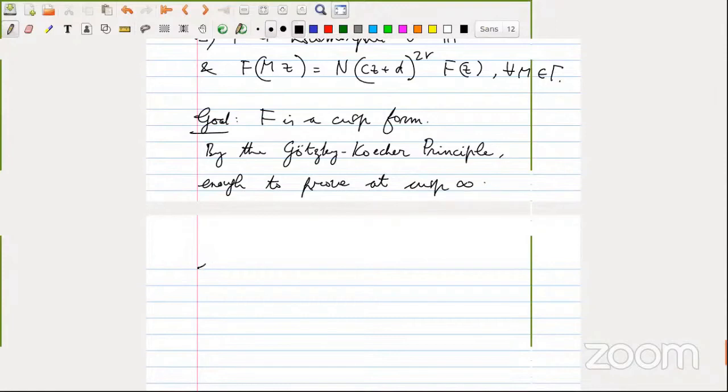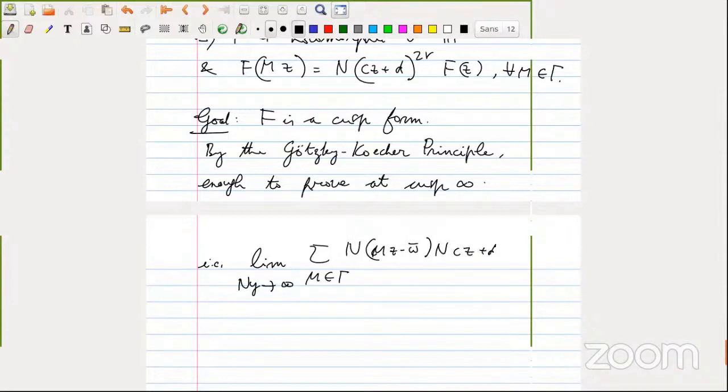More precisely, we want to check that the limit as ny goes to infinity of the sum of the norm of mz minus omega bar times the norm of cz plus d to the power of minus 2r equals 0.